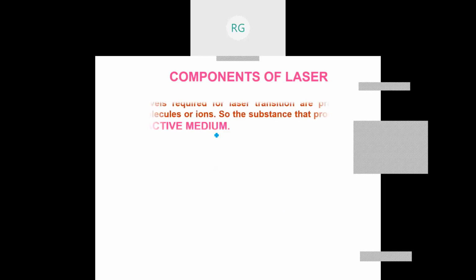So here I look at the various parts of a laser, which we call the components of a laser. Components of a laser means the minimum components a laser system should have, whatever the type of laser we are taking. If you want to have a lasing action, you need to have atoms in a higher energy level.